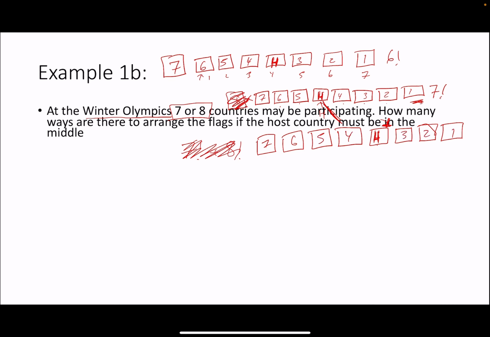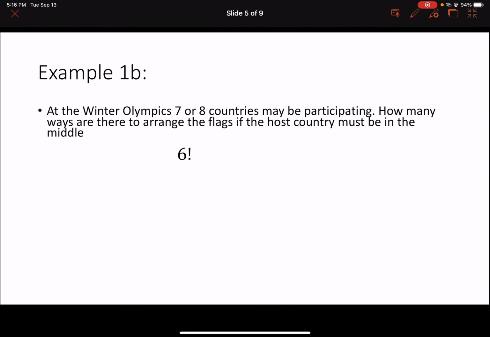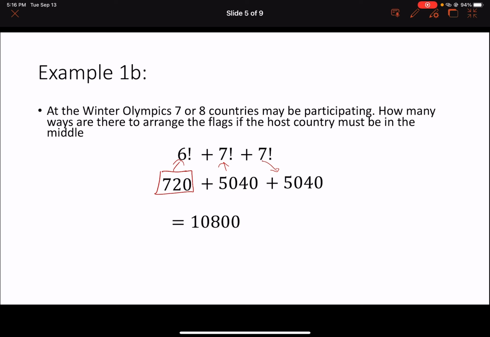So what ends up happening is, let's clear our markings. I have 6 factorial plus 7 factorial plus another 7 factorial. By the way, 6 factorial is 720, and then 7 factorial is 5040, and then another 5040, at which point we got 10,800. Because they are mutually exclusive events, you can add the number of outcomes, okay? So we explained why they were mutually exclusive.